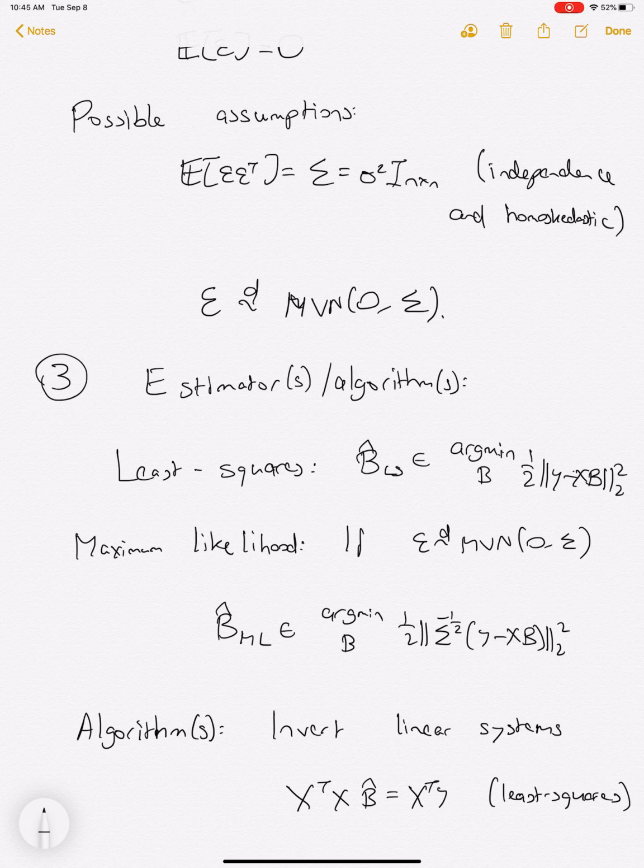In that case, the maximum likelihood objective ends up still being quadratic, but weighted by the covariance matrix. When sigma is the identity times a constant, this is the same as the least squares objective. But if you have more general covariances, and you will have that to some degree in the homework, then you have this extra factor of sigma to the negative half.